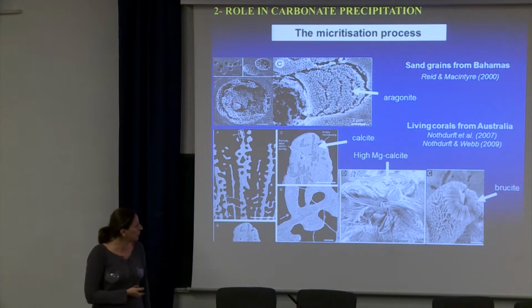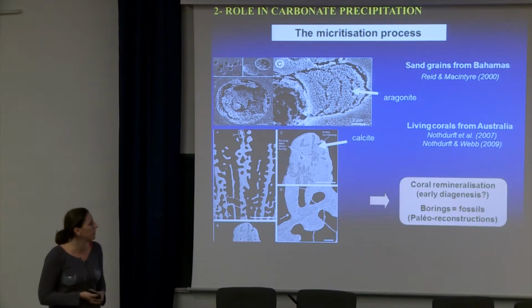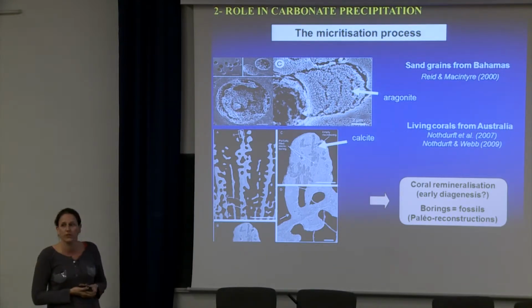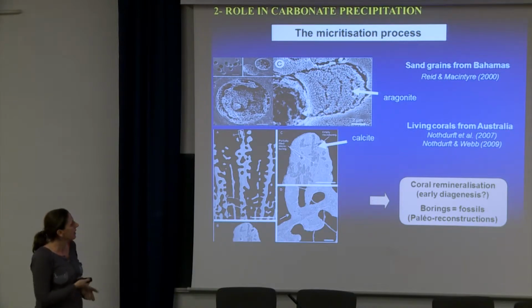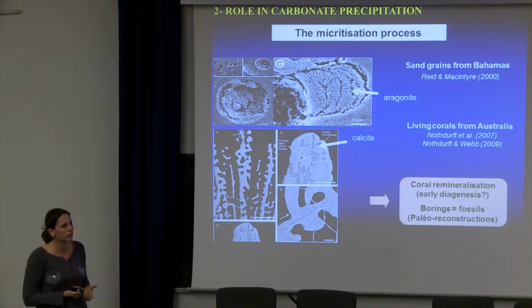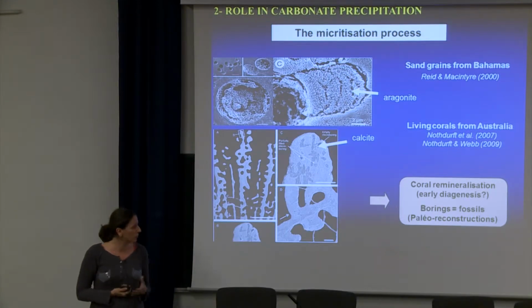And even brucite was observed precipitating around those filaments due to their metabolic activity. Here it was suggested that these organisms were playing a role in coral remineralization, probably an early diagenesis process. And their borings are also very useful as they are well preserved and can be used in paleo reconstruction, for instance reconstruction of bathymetric levels in the past.